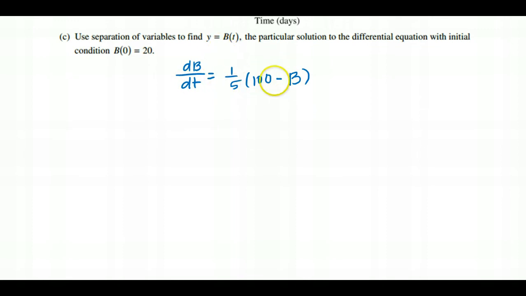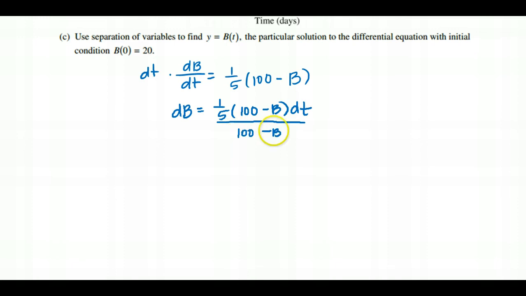I want to get everything to do with b's on one side and everything to do with t's on one side. So let's multiply both sides by dt. So db equals 1/5 times 100 minus b dt. Now divide both sides by 100 minus b. So the 100 minus b's cancel. I get db over 100 minus b equals 1/5 dt.